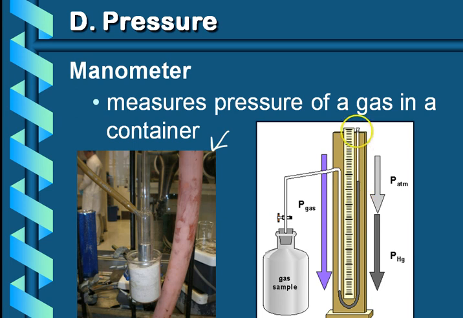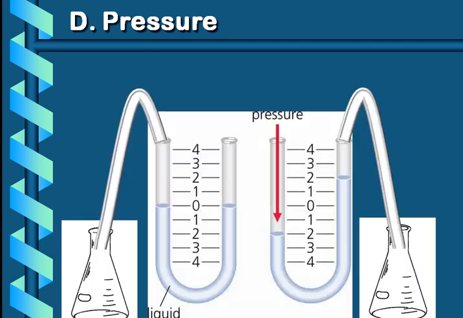Again, you could see it's one open end to the atmosphere, and then the other end is going to be by that closed gas. So how do you read this? Inside, we're going to assume that we would have mercury in here. It's open-ended, so this end is open to the atmosphere, and this end is open to our contained gas.